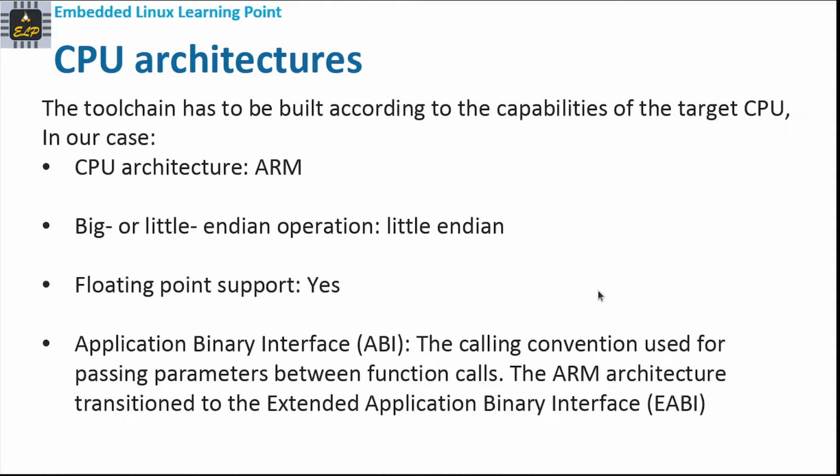For us, it is little endian. We need to support floating point operation. And then the application binary interface, the calling convention used for passing parameters between function calls. The ARM architecture transitioned to the extended application binary interface. We will see, if it is needed, what the EABI means.